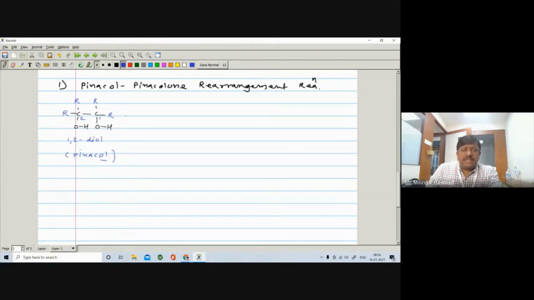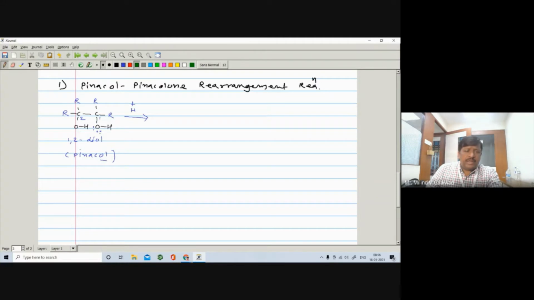The reaction takes place in the presence of acid, H plus. On oxygen you have two lone pairs. You can take either OH, the first OH on carbon number 1 or the second OH on carbon number 2, and it undergoes protonation.